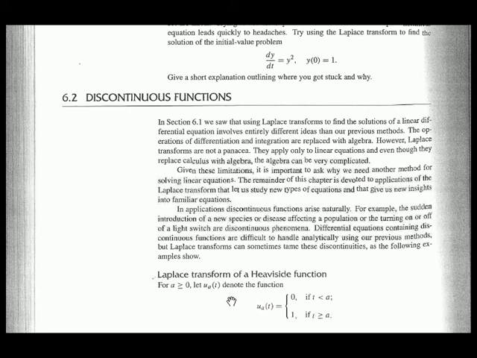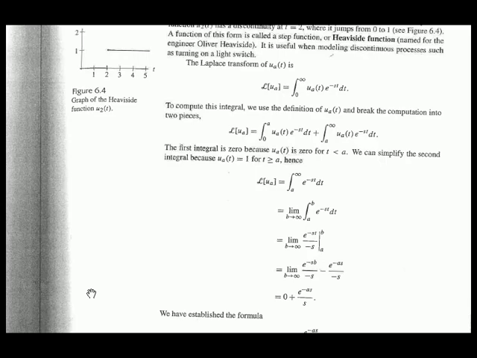And first they calculate the Laplace transform of u sub a by itself. I won't go through all the details, but basically all this does is change the lower limit to a, because u sub a is 0 up until a, and then suddenly it's 1. So this just changes the interval from 0 to infinity to a to infinity.